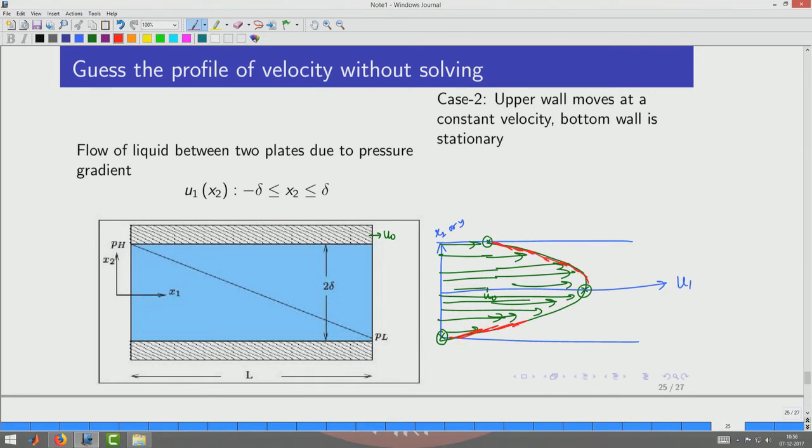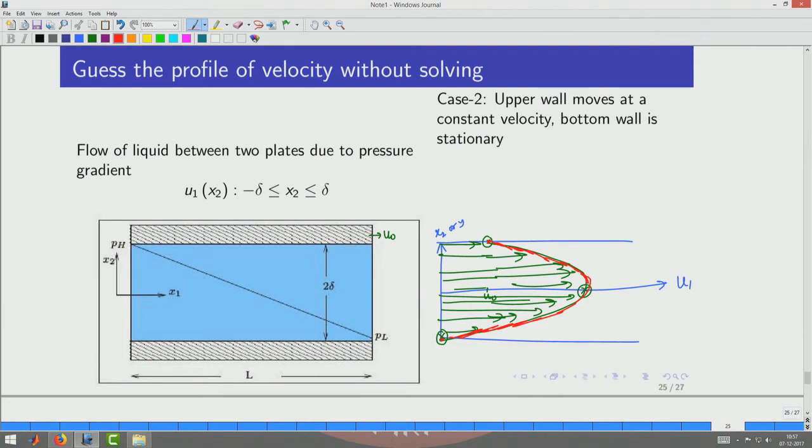I am just making the parabola, and the parabola is shifted with the maximum slightly in the upper half to satisfy that the value on the bottom wall is 0, the value on the top wall is some finite number, and it has a direction that is opposite to the pressure gradient, which is actually going down. So, the velocity has to go towards the right.